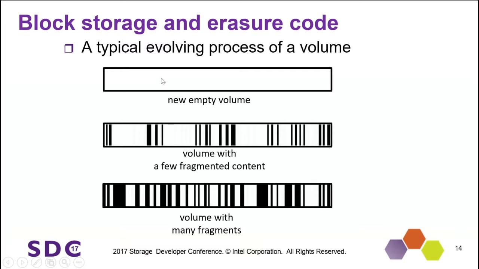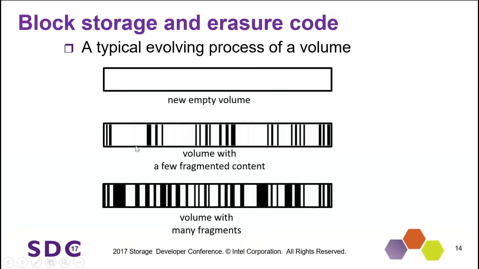During this procedure, the volume is filled here and there, so there are always a lot of empty holes inside the volume. For example, for this newly created volume providing block service, at first it is all empty.